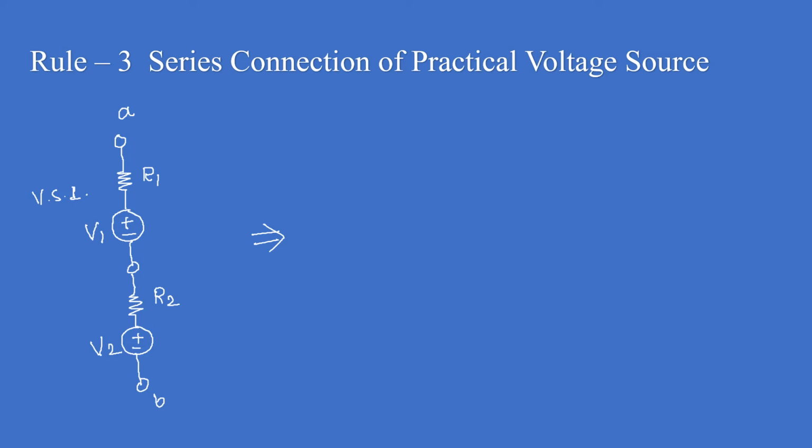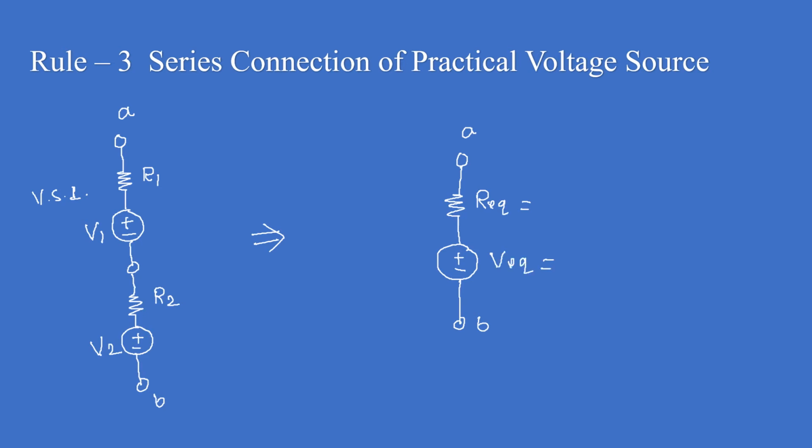That means how can we replace these two sources with a single source? I will replace them with a practical voltage source like this, and its value will now be R equivalent, polarity will be the same, and V equivalent.